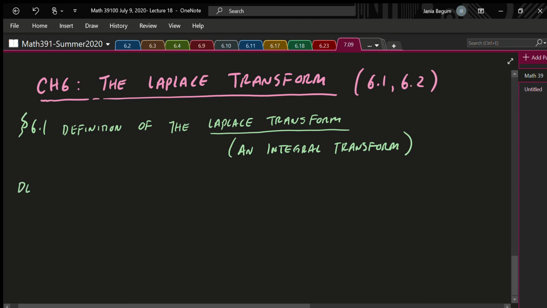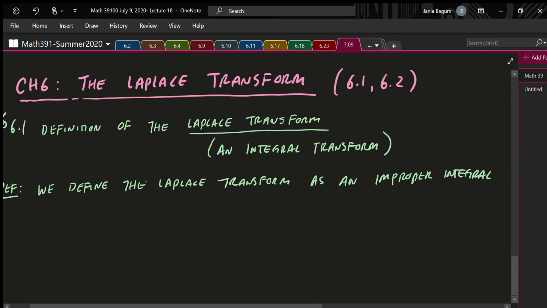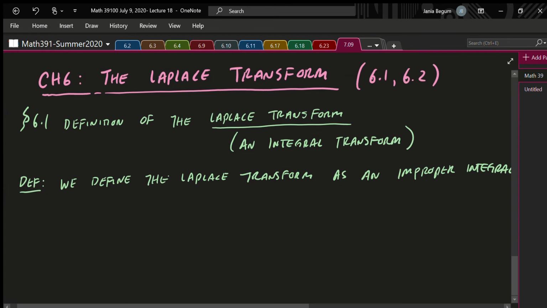By definition, we define the Laplace transform as an improper integral. You have seen improper integrals in your past experience in a calculus course, right? You treat an improper integral as a limit, right? So hopefully you're able to recall that and use it here when we're doing the Laplace transform.